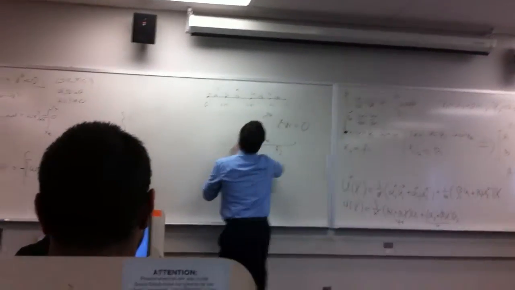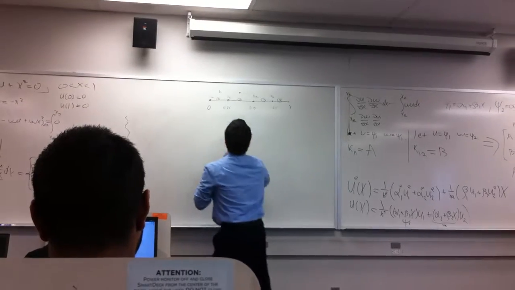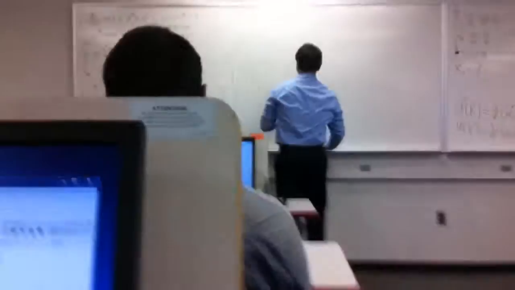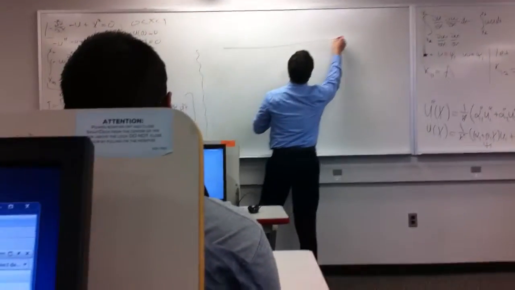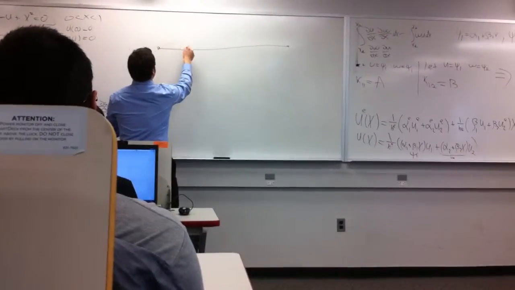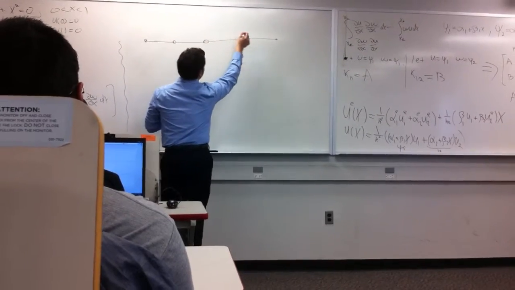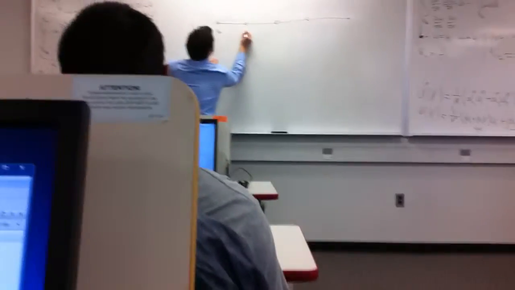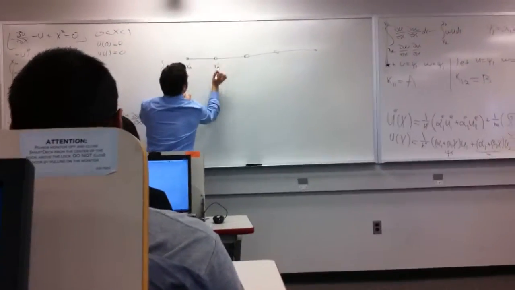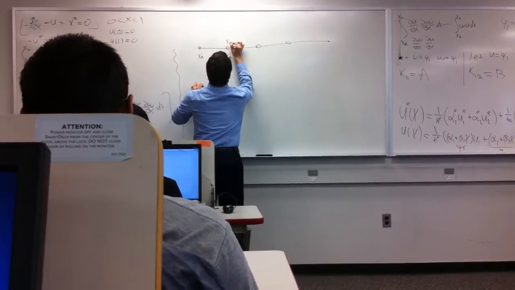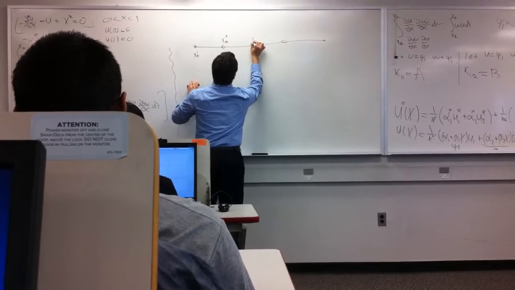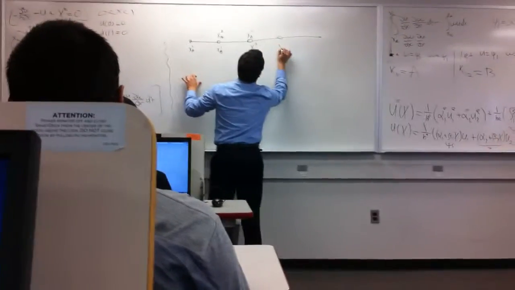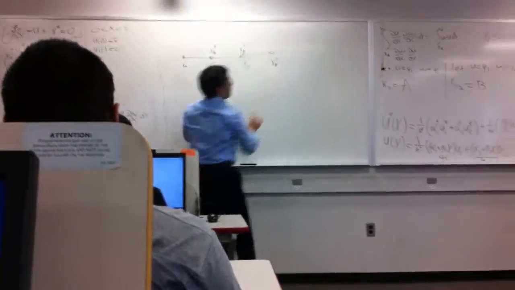Anyway, all right. Now let me make this sketch. Here's our domain again. We've got one node, two node, three node, four node. Note my notation.